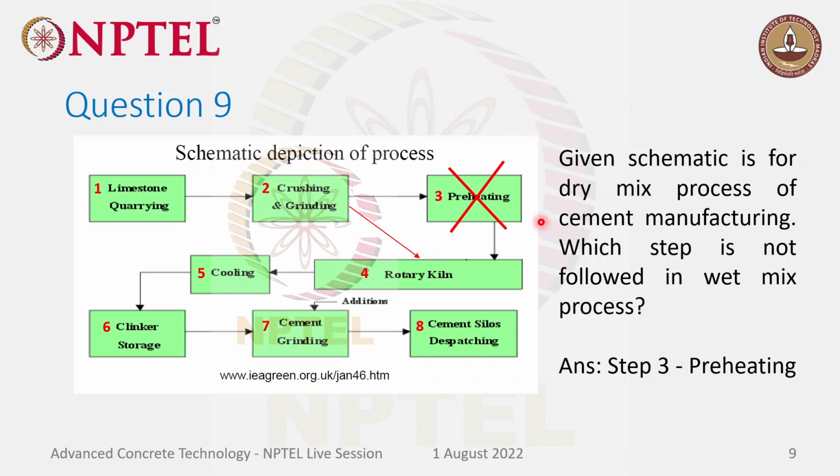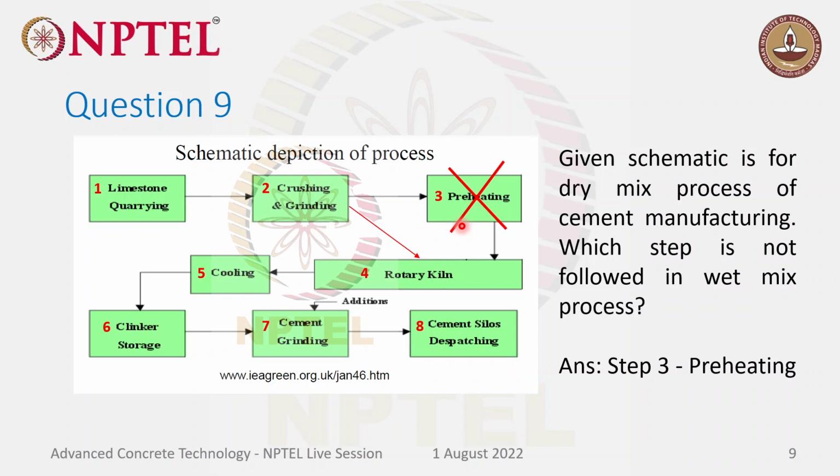In wet mix we add water while grinding the material, so it will be in the form of a paste, and we take it to the rotary kiln. In the preheater, while we cool the clinker once it's formed, that heat is trapped and taken to the preheating zone.